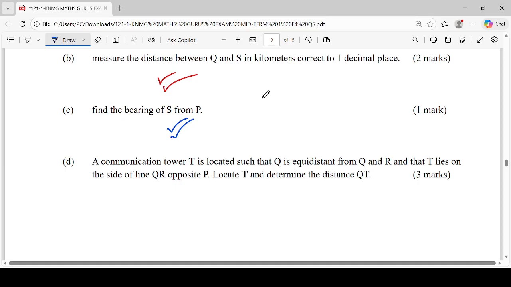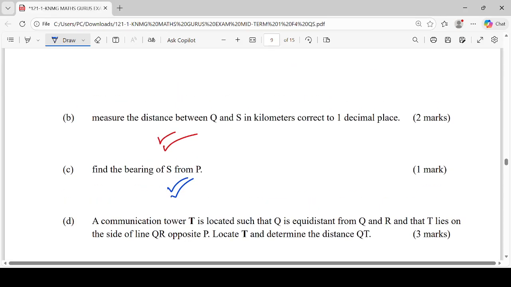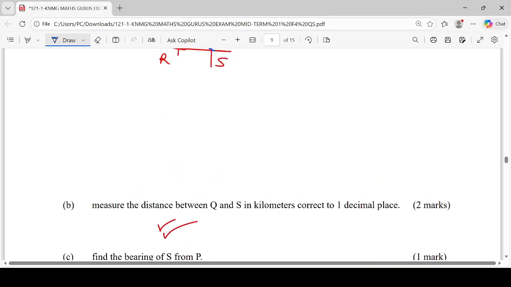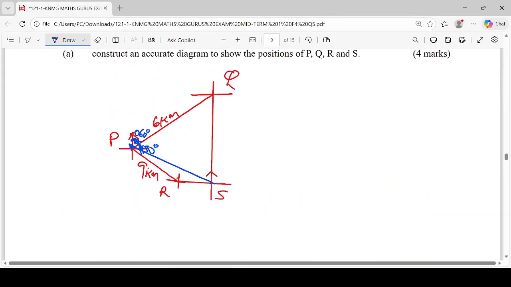A communication tower T is located such that T is equidistant from Q and R. Equidistant from Q and R.